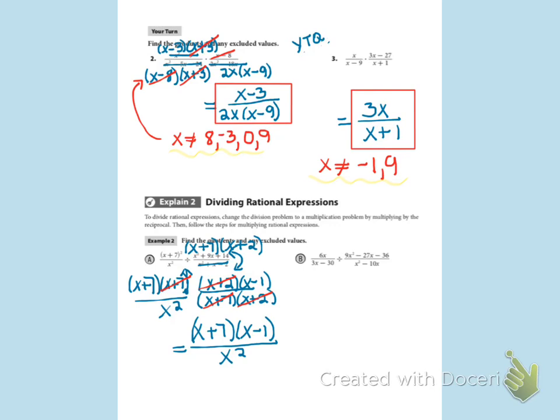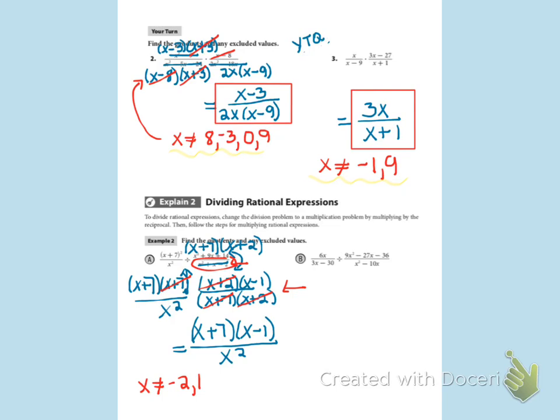Now this is a little trickier because when you do that here, you have to make sure that you include things from the original denominator as well as the ones that are in your intermediate step here. So we want to look here, but also what the denominator was to begin with, which is now the numerator of that second one. So we have a lot more possible values that could cause us problems. So we know that x cannot be, well, if we look up here in this original denominator, the values that would have made that equal to 0 are -2 and +1.